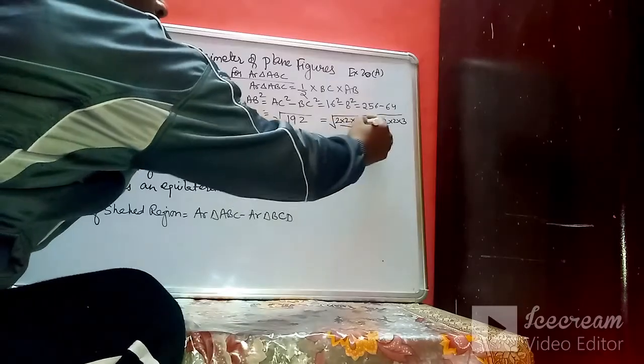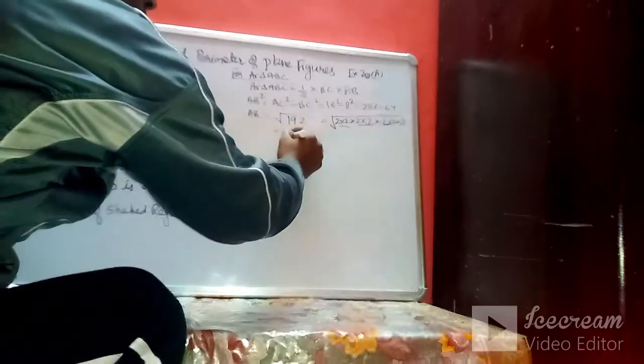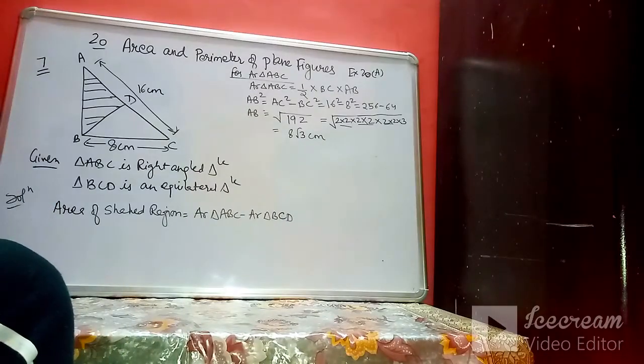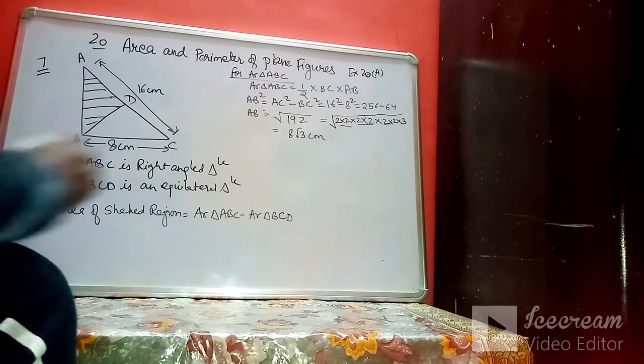So 1 pair, 2 pair, 3 pair, it will be 8 root 3 centimeter. So this is the value of AB.